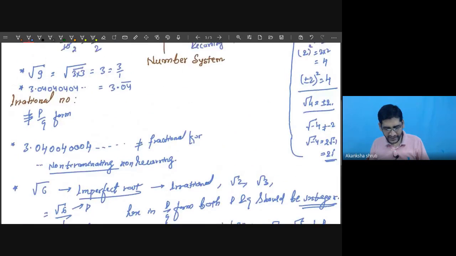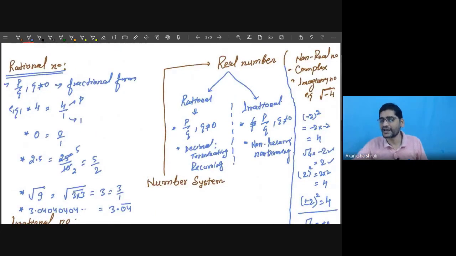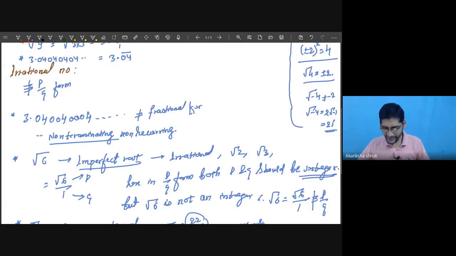Now students, this way you have to identify whether the given number is rational or irrational. This is asked in examinations. Okay, students? So you should be careful in determining whether the number is rational or irrational.